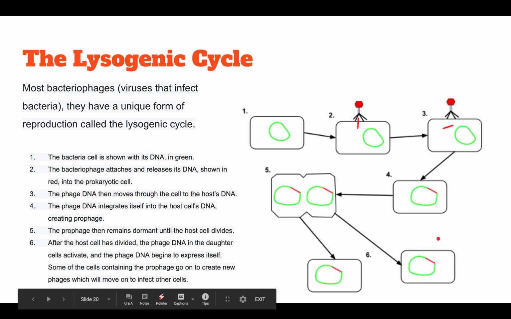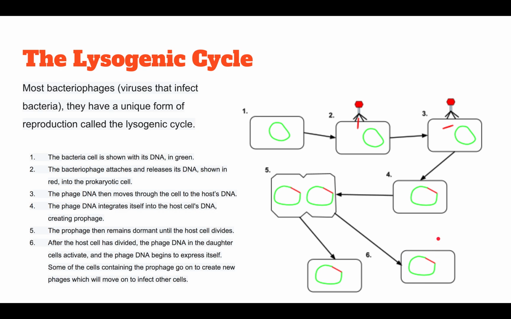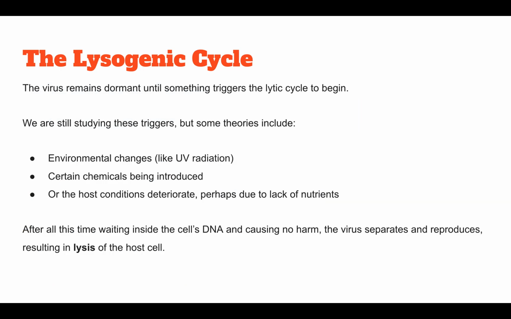So as you can imagine, it takes a long time for something to actually happen, and we don't know exactly how long it will take with each virus. Sometimes it happens pretty quickly, sometimes it might not happen for many, many months or years, but we say that until something happens, the virus is dormant, meaning sleeping, and then something will trigger the lytic cycle to begin.